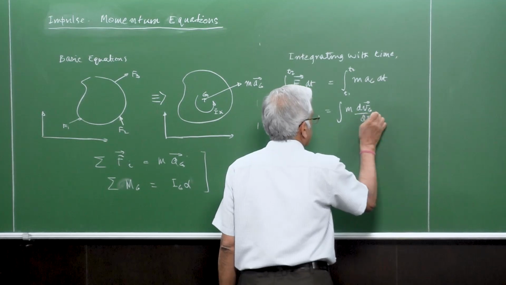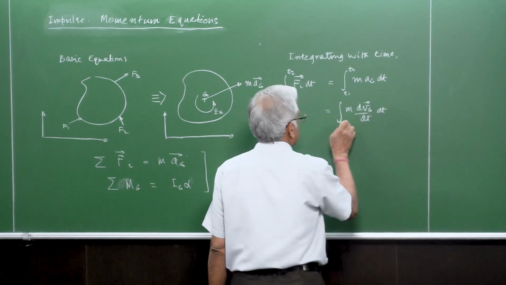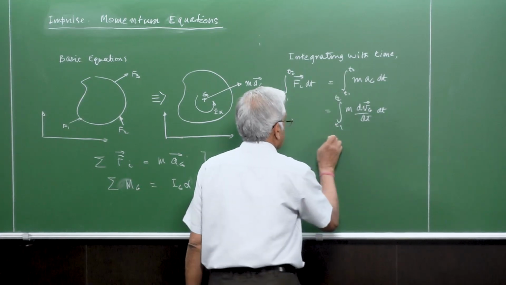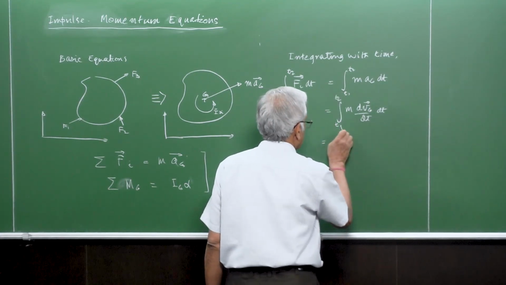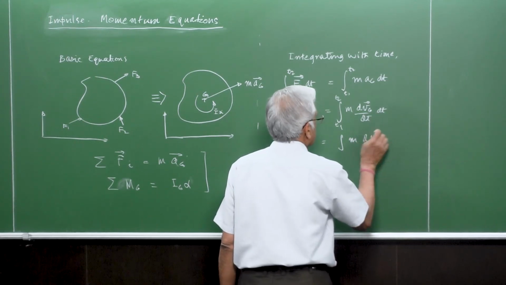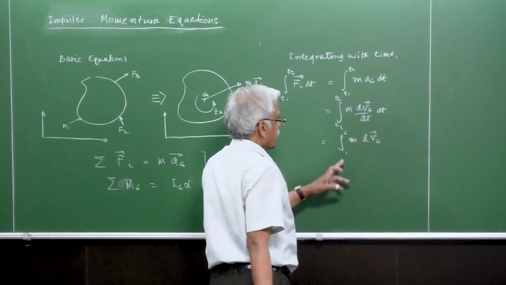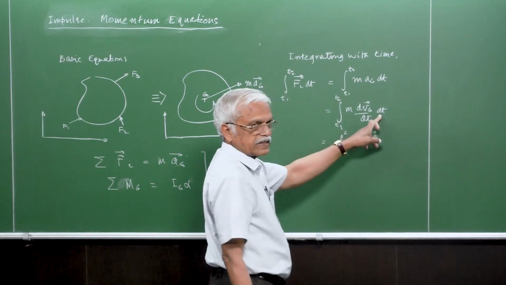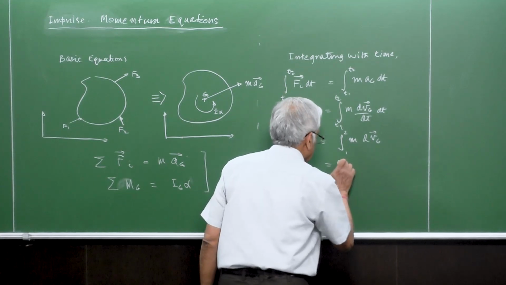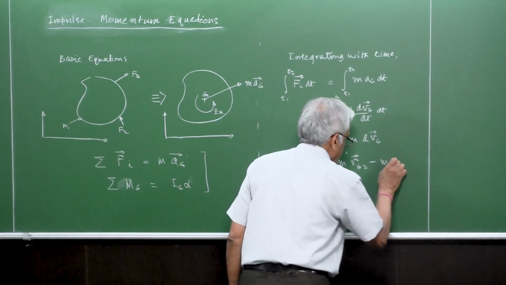So acceleration, if you write it as dvg by dt, and dt here over t1 to t2, will become an integral from 1 to 2, because the integration variable has changed to dvg, and then this we call m vg2 minus m vg1.